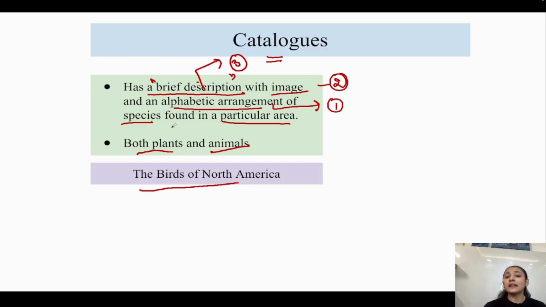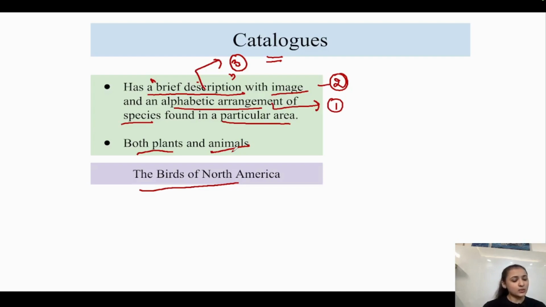In case of taxonomy, this is also helping us in identifying our specimens. If you are going to a botanical garden, for example, there are also catalogs available. We already know what organism we are interested in.